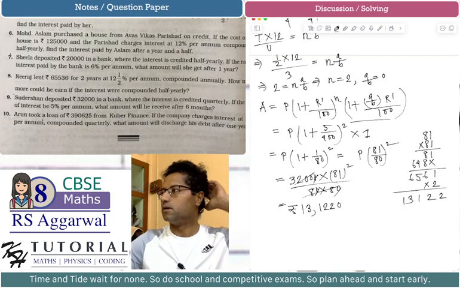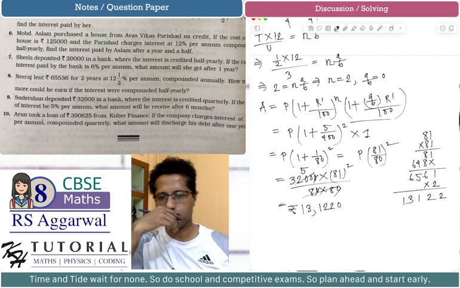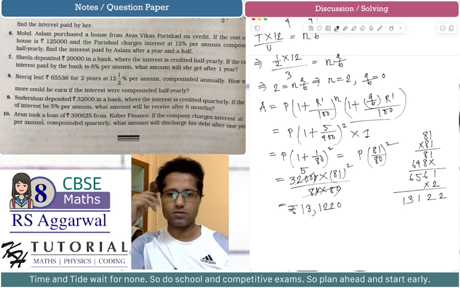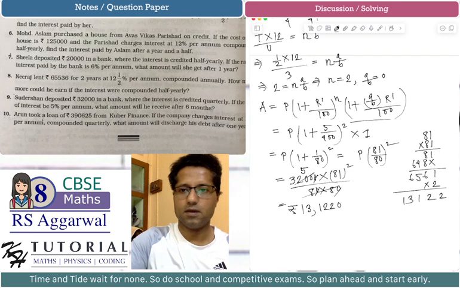This is 5. Okay. So 5 multiplied by 81 square. So 81 square is 6561, and then multiplied by 5.